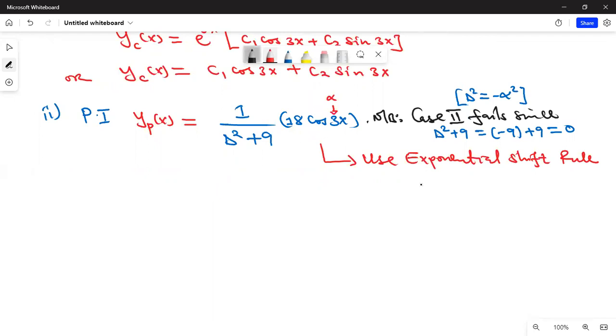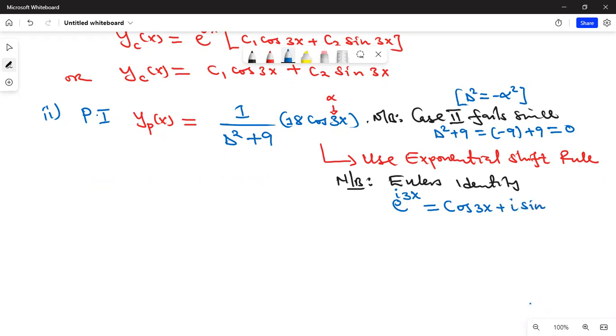I want us to take note of what is called Euler's identity, where we have exponential iota times 3x, which is the same as cosine 3x plus i sine 3x.